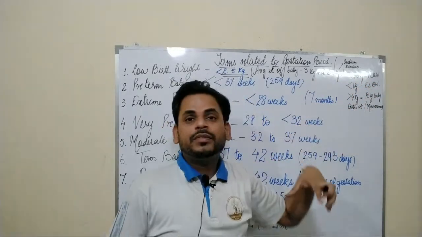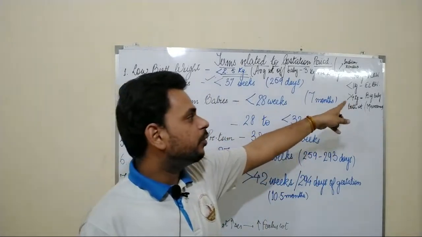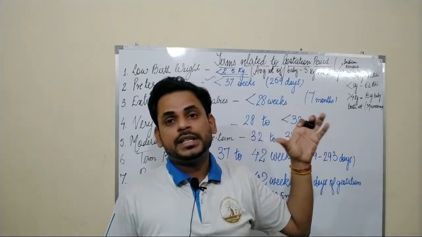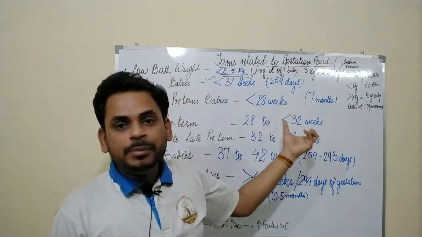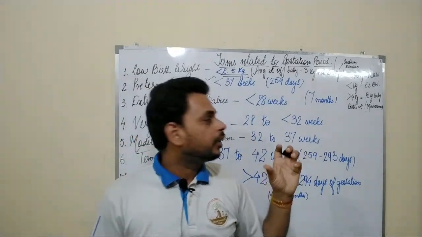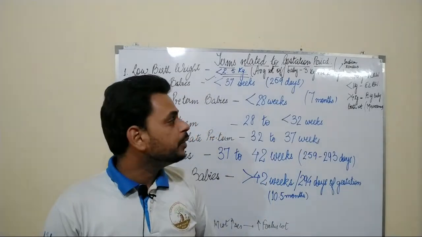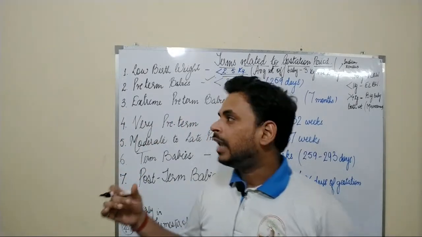And if the baby is weighing more than 4 kgs at the time of birth, it is referred to as a big baby, and in medical terminology it is called macrosomia, because the body organs are enlarged.